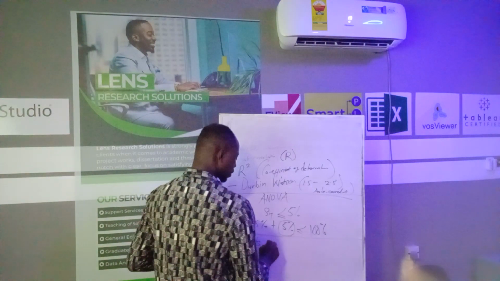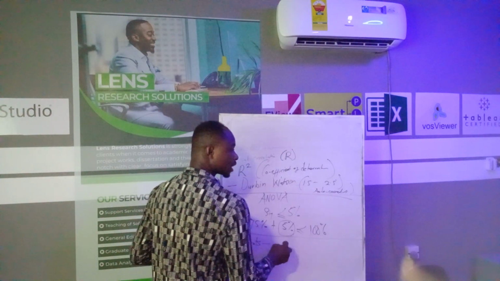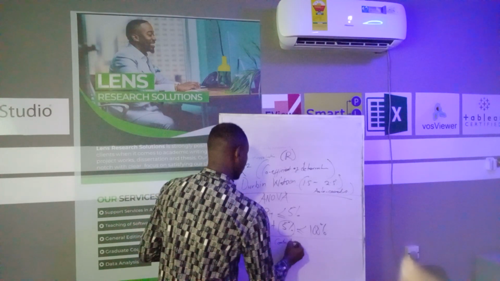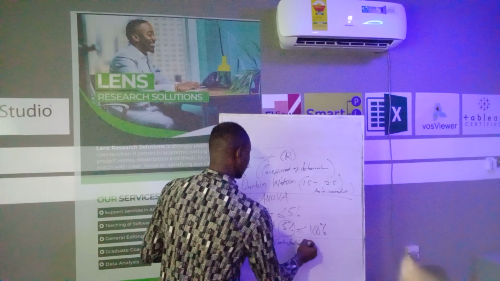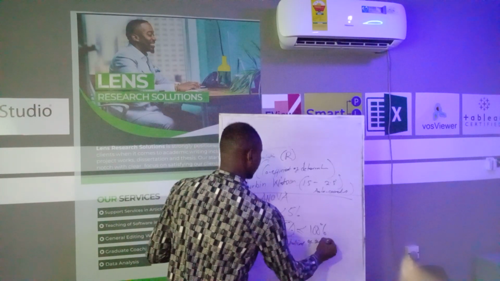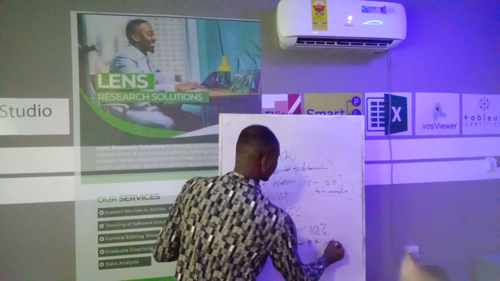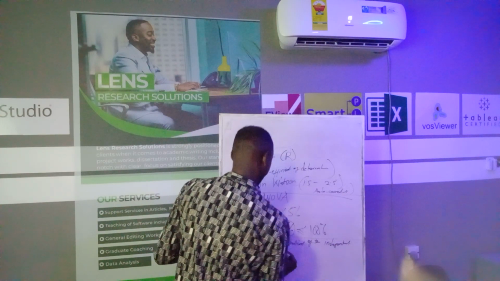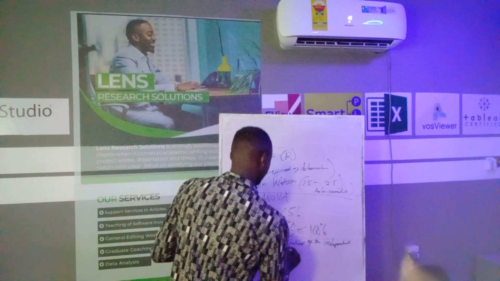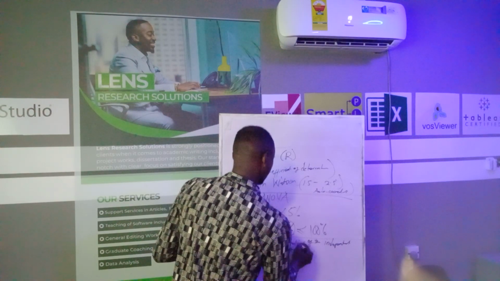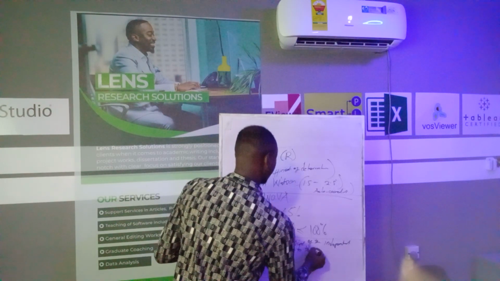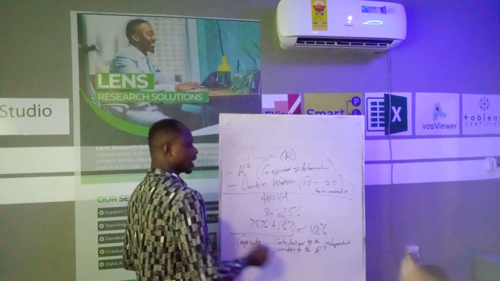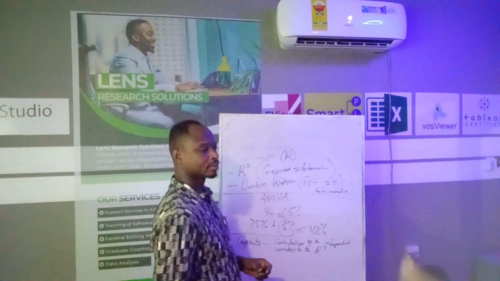The coefficients table talks about the contributions of the independent variables to the R square that we have recorded.